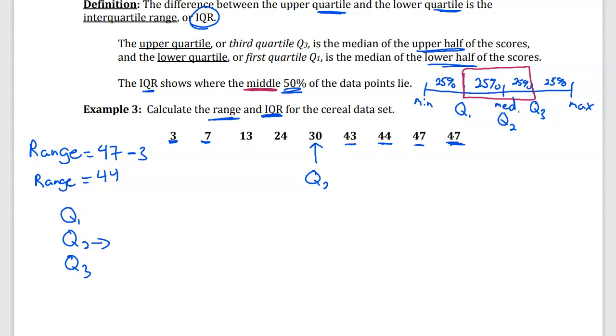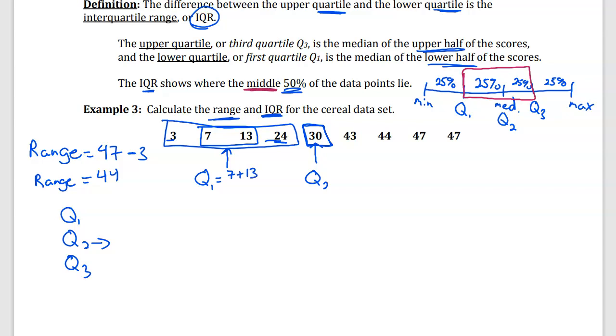Then, to find Q1, I look at this lower set of data and find its median. I would mark out here and here, and Q1 is going to be 7 plus 13 divided by 2. So 7 plus 13 is 20, divided by 2 is 10.